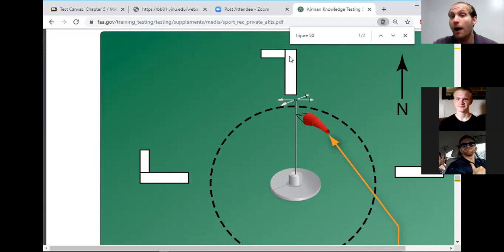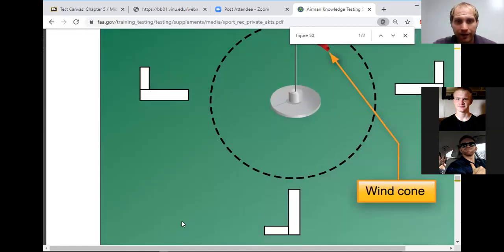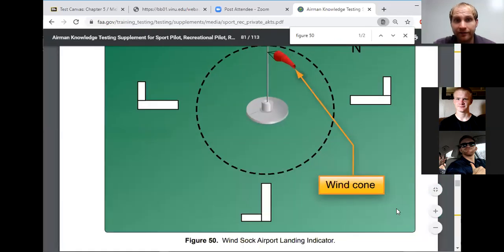And then after upwind, we would turn left, as indicated by this segmented circle, for left crosswind, left downwind, left base, and then left final. So we could imagine using left traffic for runway 36.